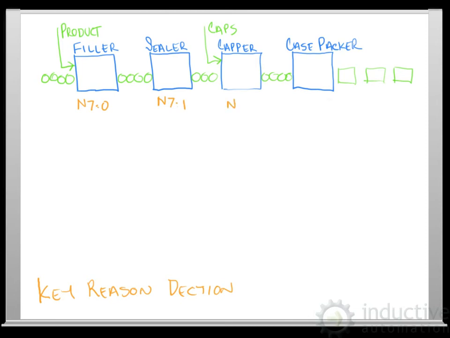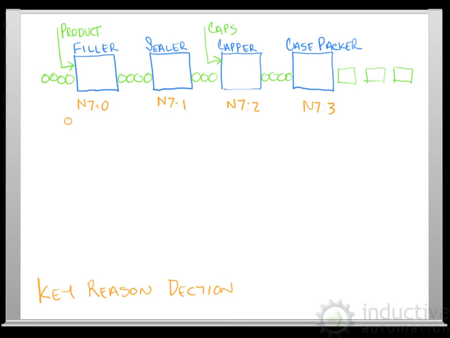So if these are the addresses in the PLC that we're monitoring for each one of these, and in actuality they could be different PLCs, which is very common. The case packer has its own, the capper, or you could have one PLC for your capper sealer and a different one for a filler, however that is done. But for our explanation, we'll use sequenced addresses like that just for clarity.